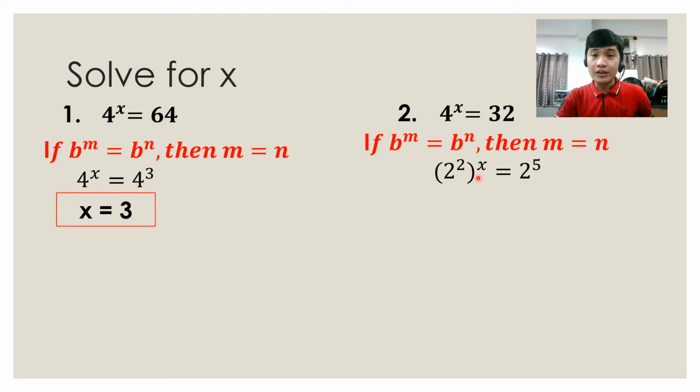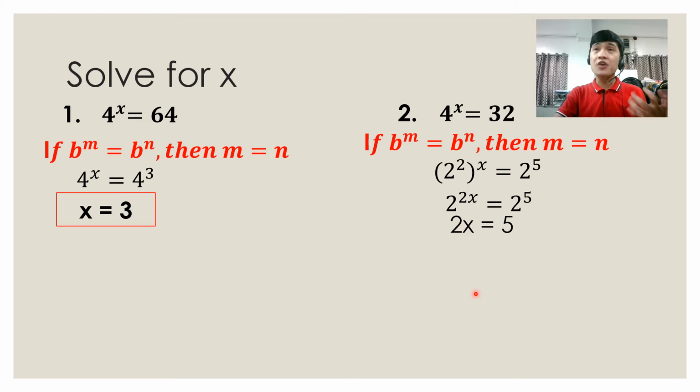Okay? So in this case, simplifying this particular part further, that is 2 raised to 2x equals 2 raised to 5. Now, if you will try to check, ito po ay sumusunod na doon sa ating property of equivalent exponents. Since same na ang kanilang base, ayan, pwede nating ibaba ang kanilang exponent. So we have now 2x equals 5.